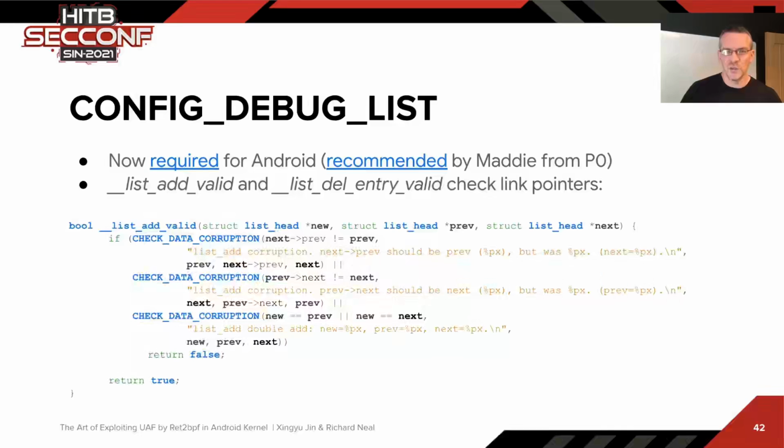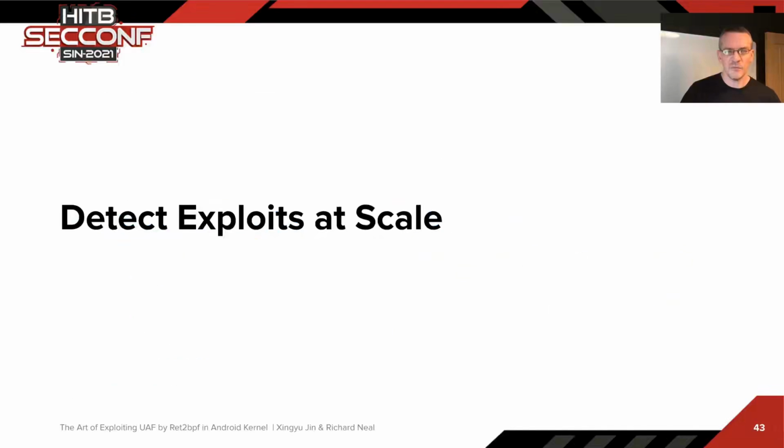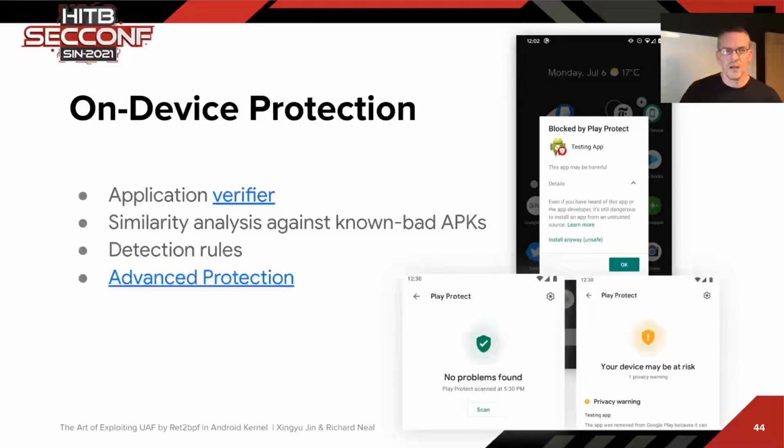Now we'll talk about some of the other ways we protect Android users. Starting off with on-device protection, Android's application verification feature is something you may be familiar with. When an application is sideloaded, for example, the app verifier will check to see whether it's known to be malware. As well as checking for specific APKs, Android can also look at the similarity of an APK on device.